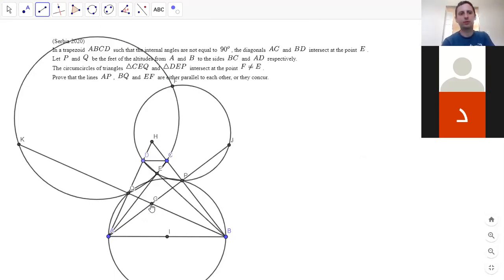Maybe we could draw the centers of those circles. I don't know how much that would help.